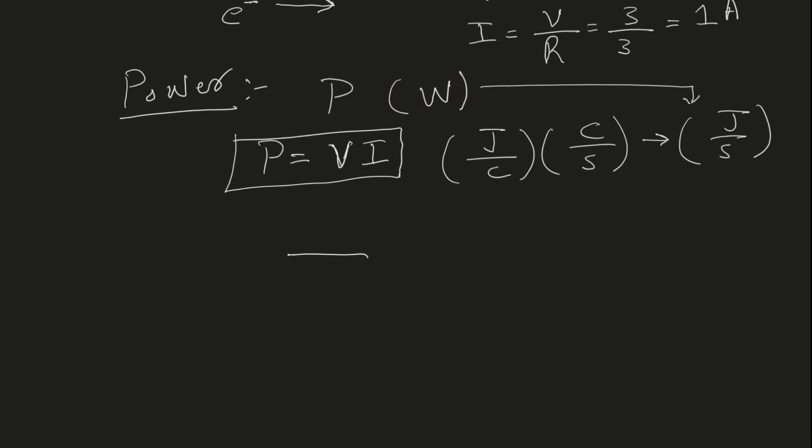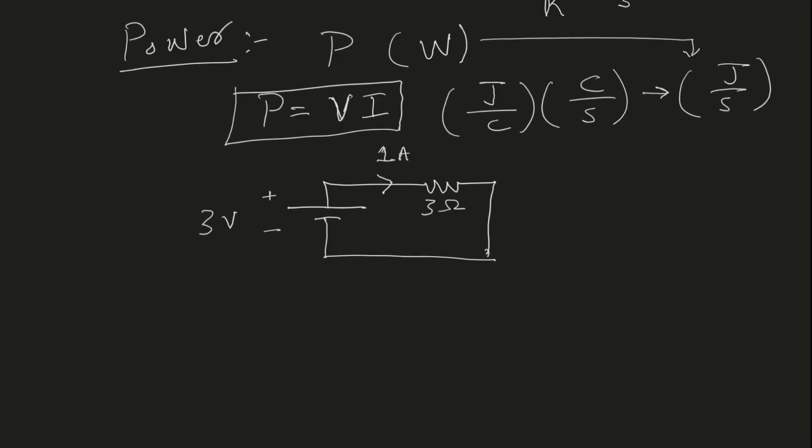Now let's consider that circuit again. I have a 3-volt battery, and I have a 3 ohm resistor. And in this circuit, we will get a current that is 1 ampere. So now this battery is producing 1 ampere current.